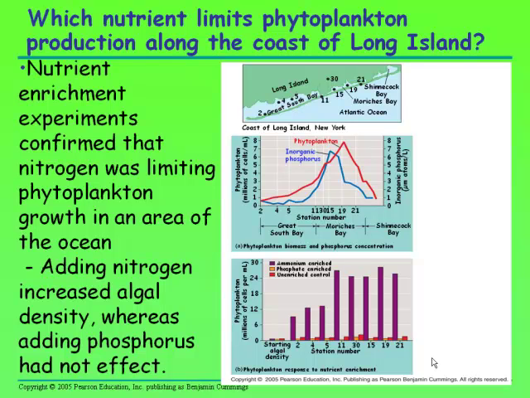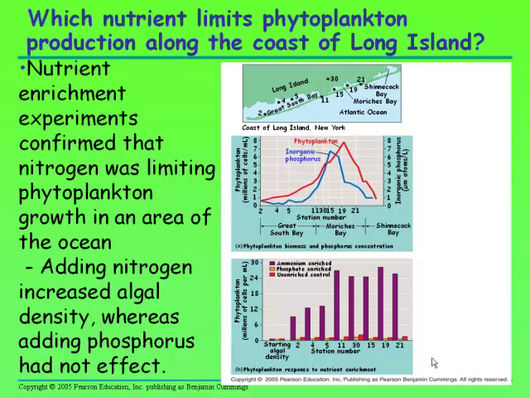So they noted that the addition of ammonium, which contains nitrogen, causes heavy phytoplankton growth in the cultures, but the addition of phosphate did not.